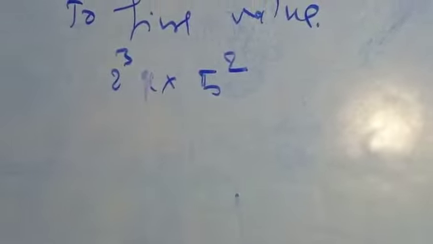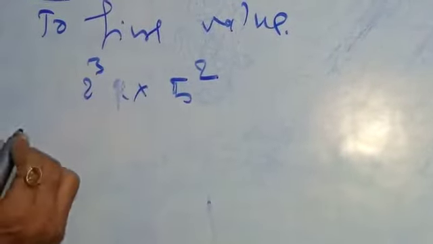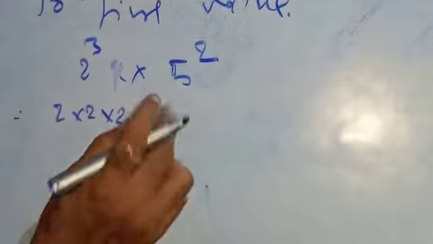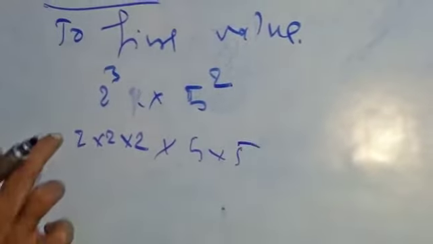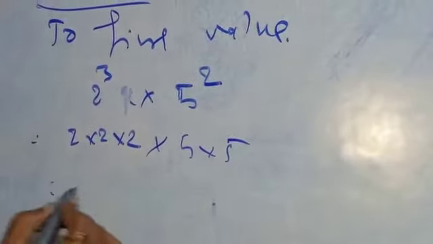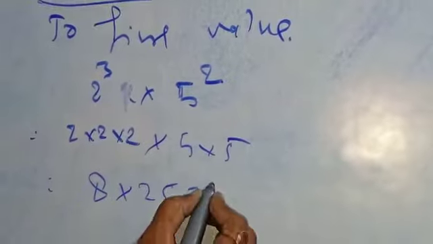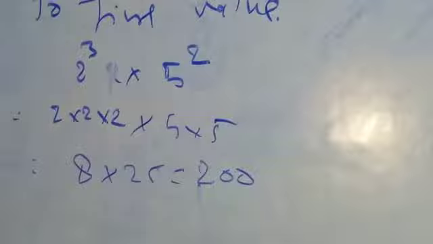For the value, we will write 2 three times: 2 into 2 into 2. 5 is written here 2 times: 5 into 5. We multiply 2 times 2 is 4, 4 times 2 is 8. Here is the 8. 5 into 5 is 25. Here is the 25. 25 times 8 is 200. This is the value. In this way, we will get the value.